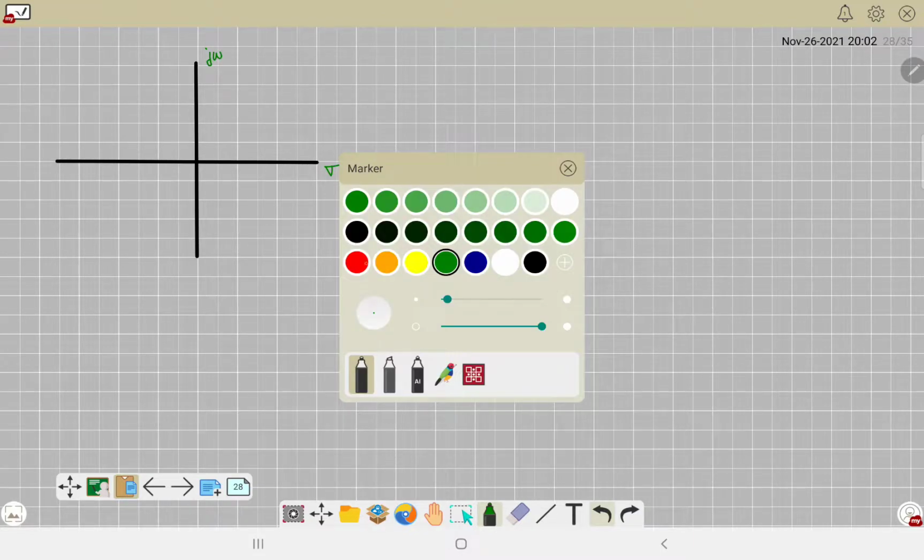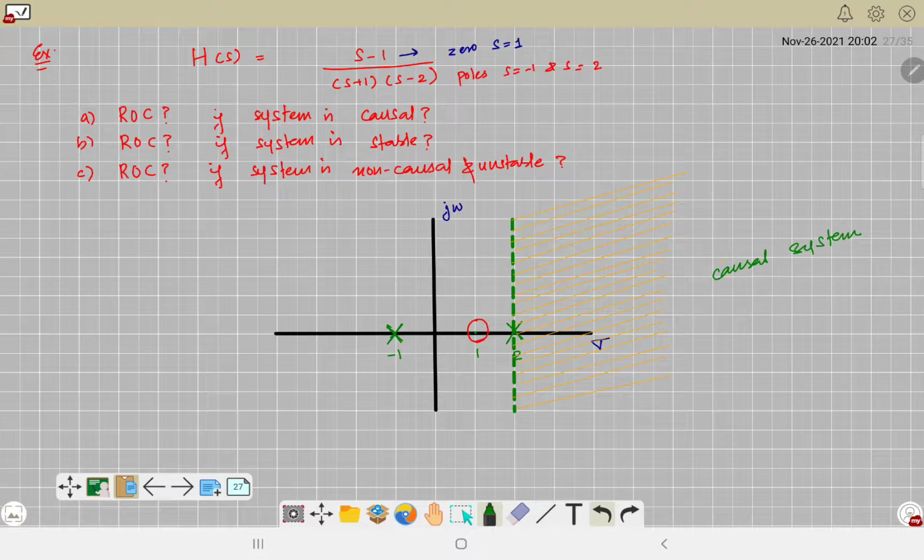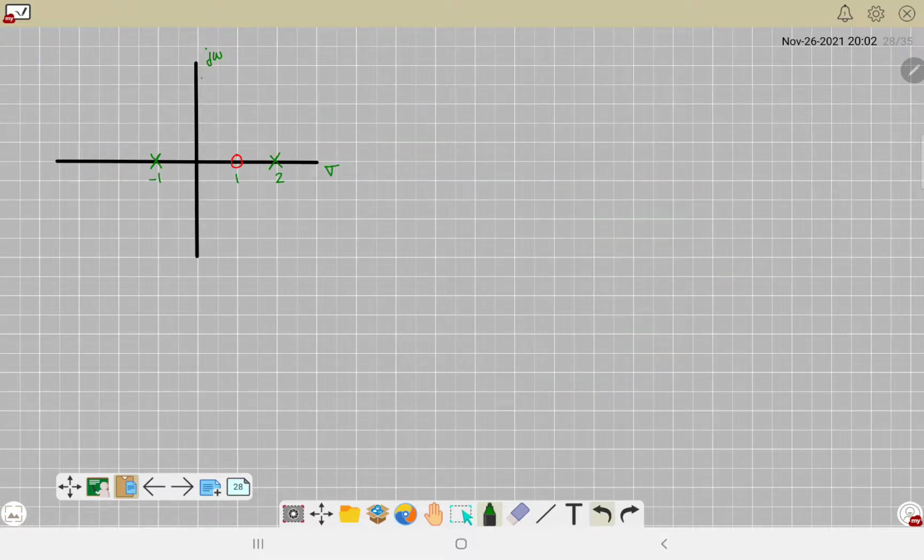I have a zero at 1, then I have two poles, one here and the other one at -1. Right? Now comes the condition for stability. For stability, we have to ensure that your ROC should include this axis, the j omega axis. It should be a part of your region of convergence.